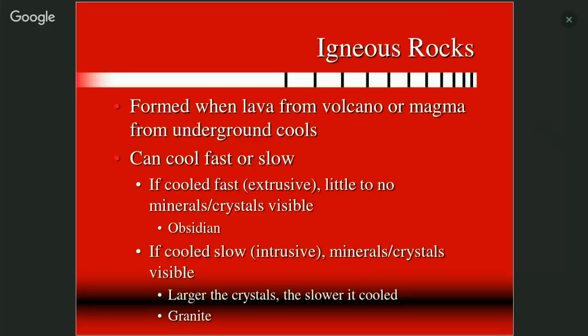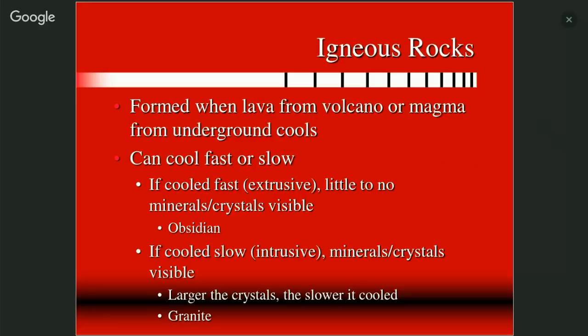Because they cool fast, they don't have the time to form crystals. So you can't see the individual minerals, you can't see the individual crystals, because they cool so fast. However, if they're below ground where there's intense amounts of heat, then they are usually cooled a little bit slowly.